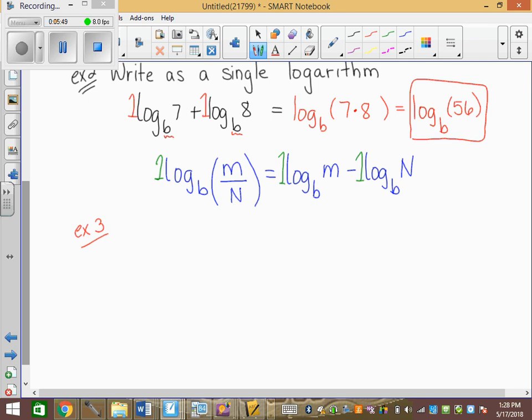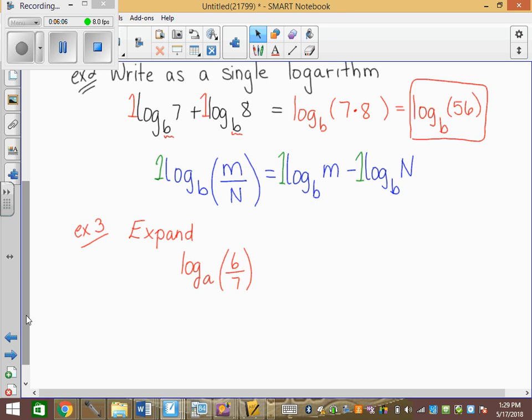So expand log base A of 6 over 7. I want you to expand it. So anything that is in the numerator gets a plus 1 in front, and anything that's in the denominator gets a negative 1 in front.